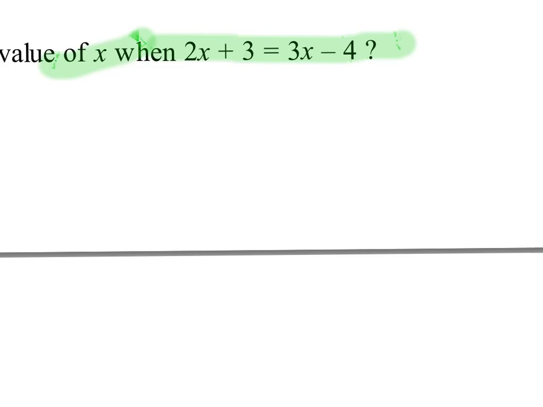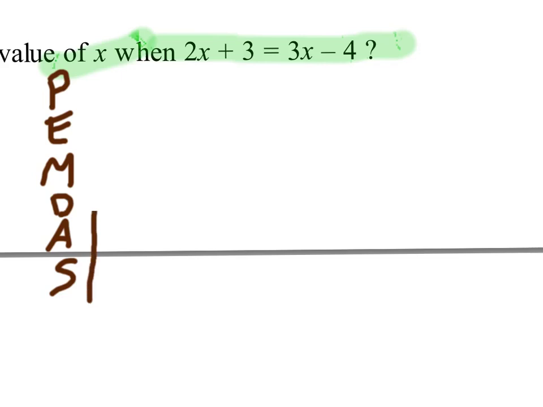If I was just trying to solve the right side or the left side, then I would use Please Excuse My Dear Aunt Sally in its correct order. But because I am rearranging the equation, in essence crossing the equal sign, I'm going to do this entire thing backwards. So we start down here with subtractions.